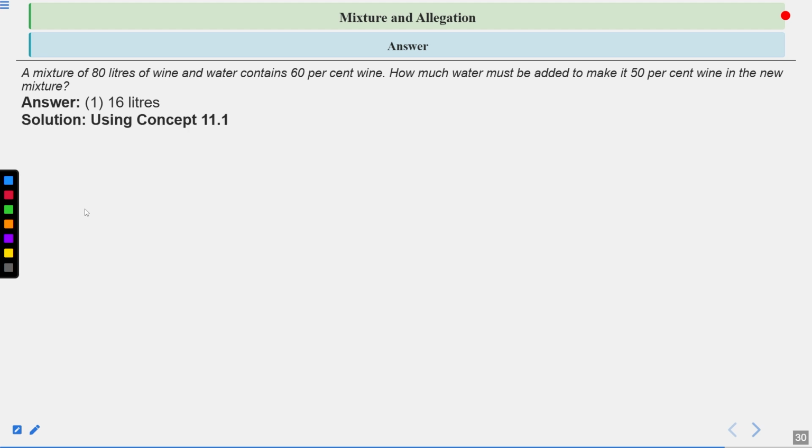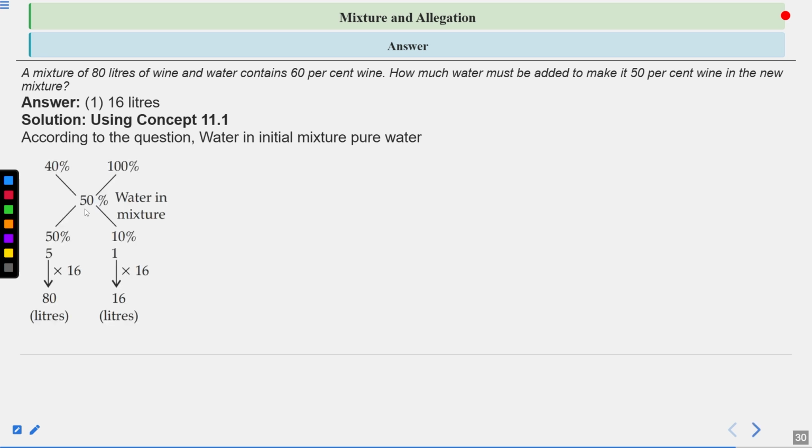Now see the detailed solution using concept 11.1 in this question. According to the question, we have water in the initial mixture and we add pure water. So it was 40% water before in the mixture, and we add 100% pure water, and we need to get 50% water in the mixture, so it should be equal to 50%.